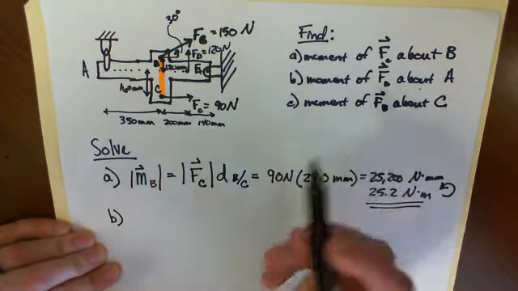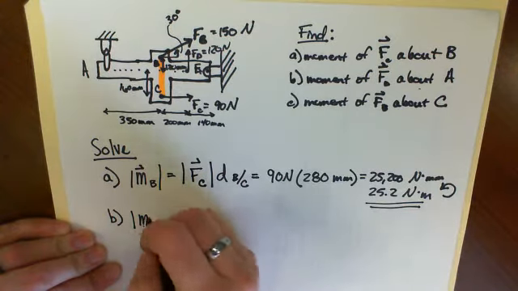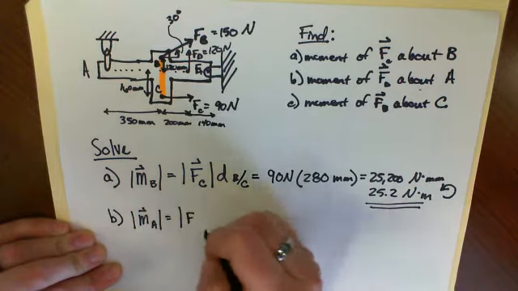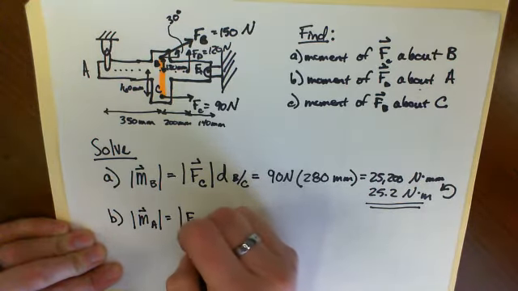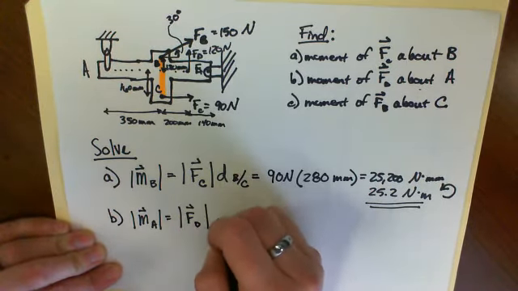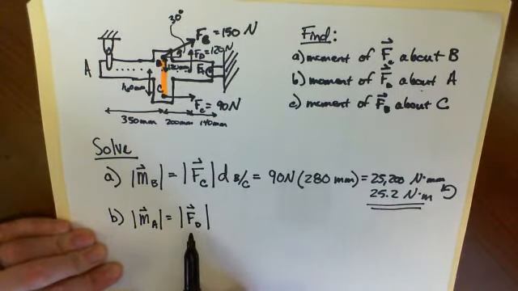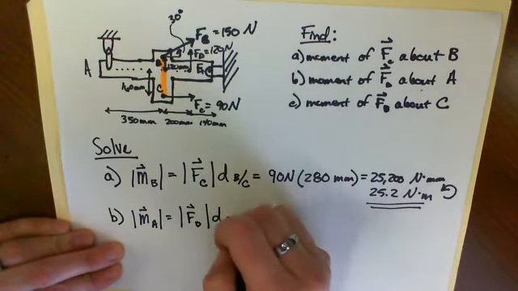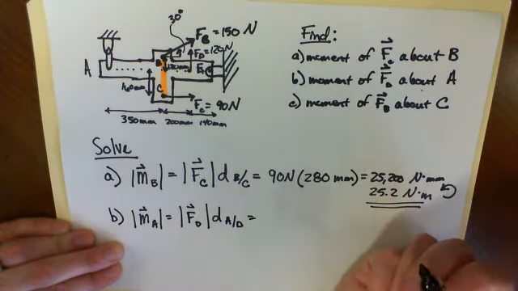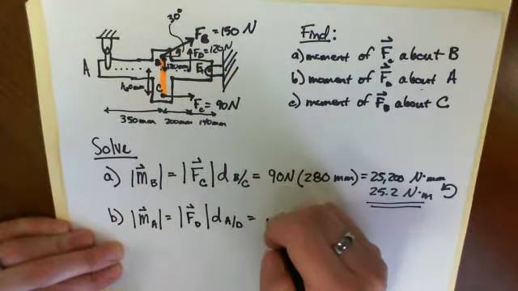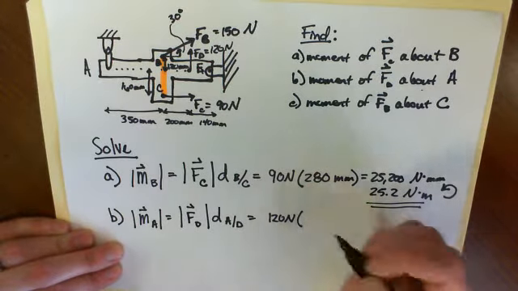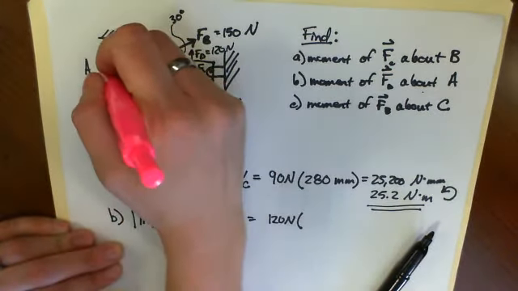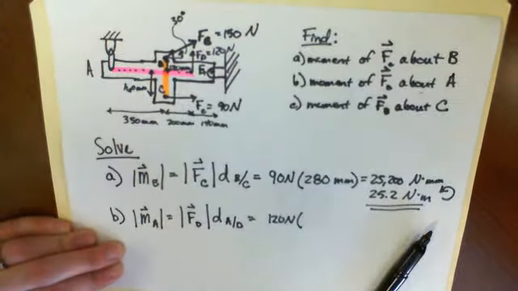Then for B, we need to know the moment created about A caused by the force being applied at D. So we multiply the magnitude of the force at D times the perpendicular distance between A and D. So the force at D is 120 newtons, and the perpendicular distance between A and D is that pink highlight.